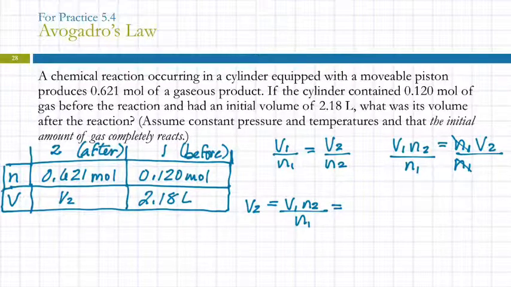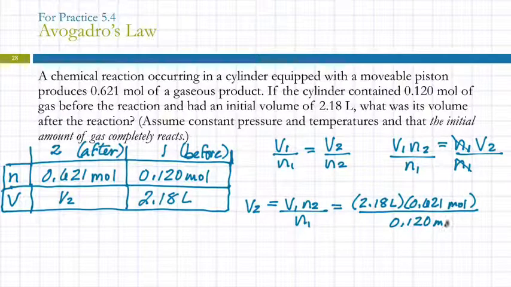I'm going to take my numbers there and plug them into this equation. Volume 1 was 2.18 liters. N2 is 0.621 moles. And N1 in the bottom, 0.120 moles.